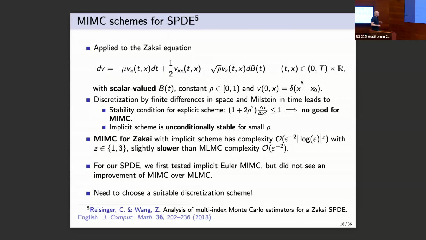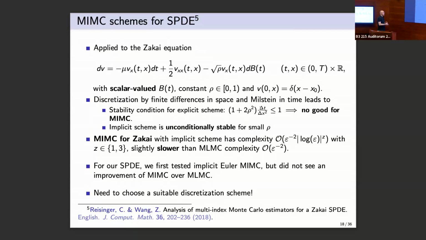So what did they do anyway? What kind of numerical methods did they look at? They first said, okay, can we use Milstein's scheme and mix it with finite difference in space? But if they try to use explicit integration in time, they hit upon this kind of stability condition, which is given here.